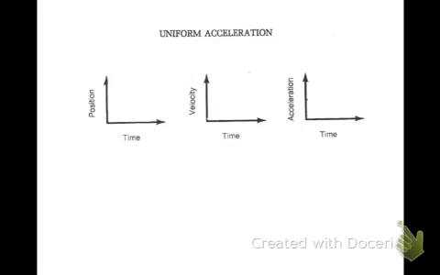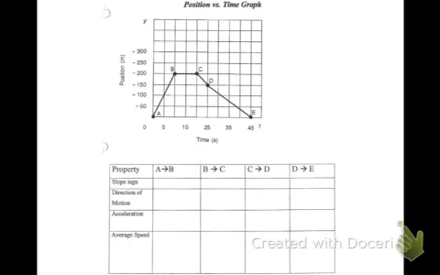Okay? Because now what we're going to do is take a look at a position versus time graph and try and identify what really is going on for this. So, looking at our line segments. So line segment AB, let's do that one first. The slope. Is it a positive or a negative slope?